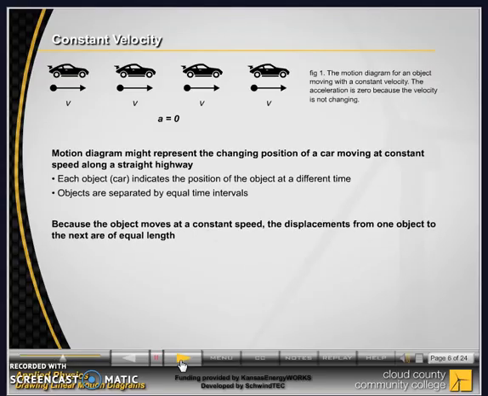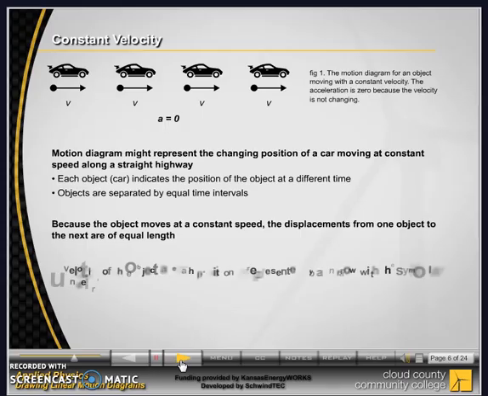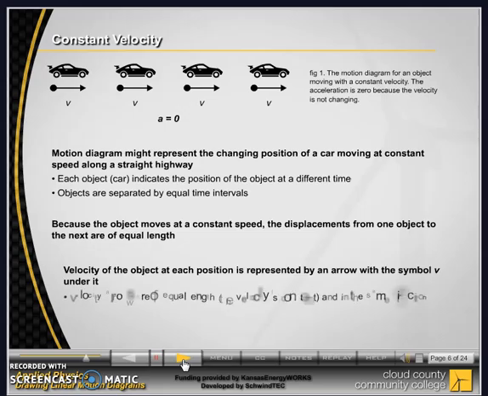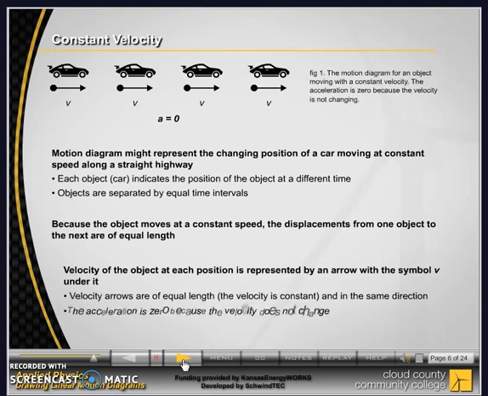Because the object moves at a constant speed, the displacements from one object to the next are of equal length. The velocity of the object at each position is represented by an arrow with the symbol v under it. The velocity arrows are of equal length and in the same direction. The acceleration is 0 because the velocity does not change.